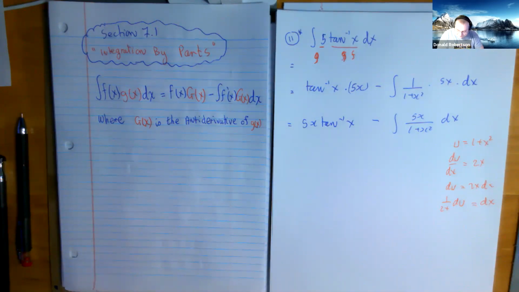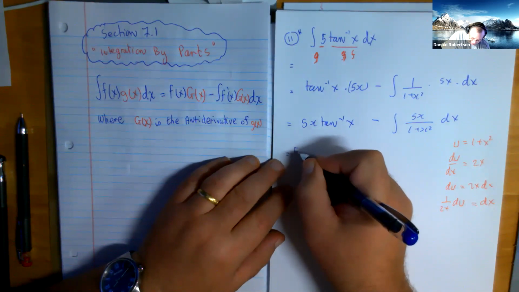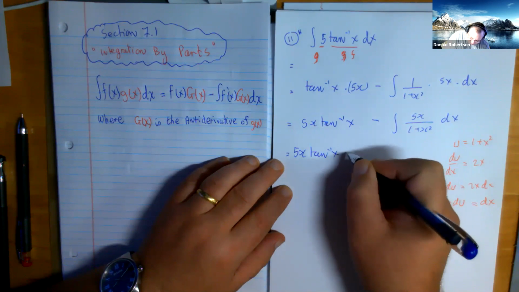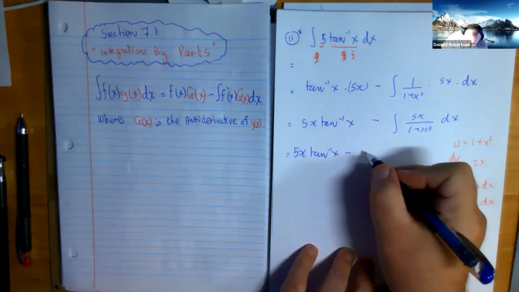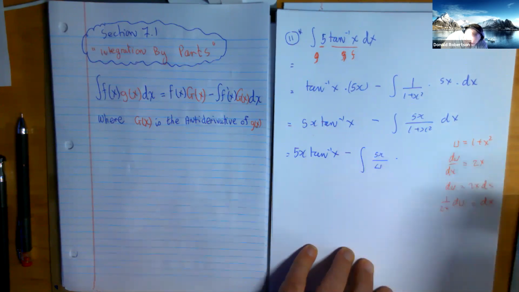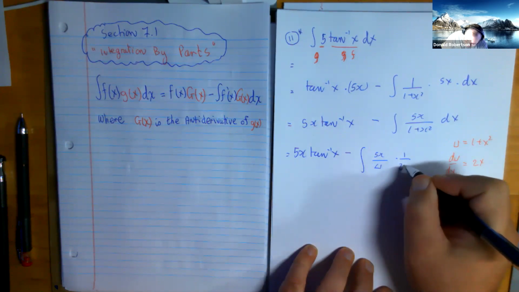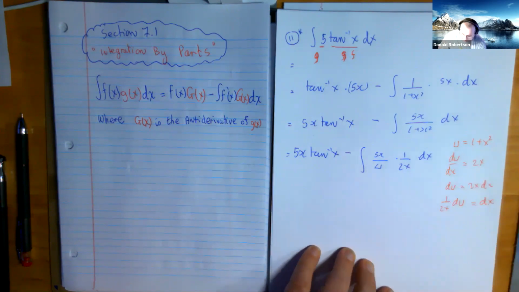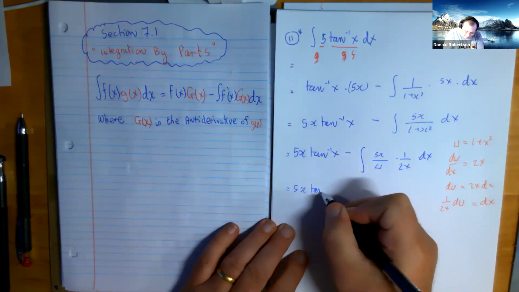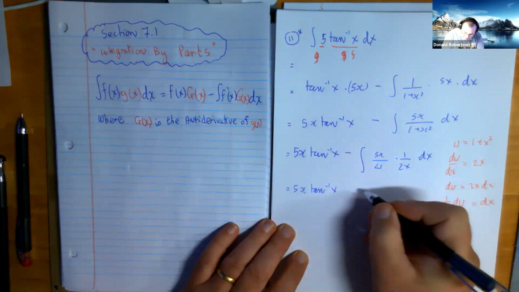So what we now have is 5x inverse tan of x, take away, let's see, I have a 5x over a u times a 1 over 2x dx. That becomes 5x inverse tan of x.